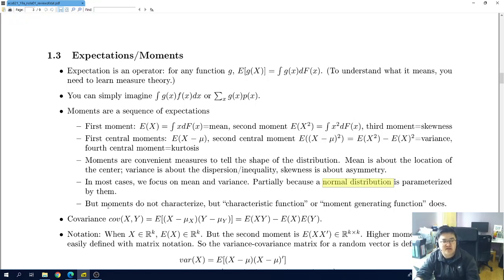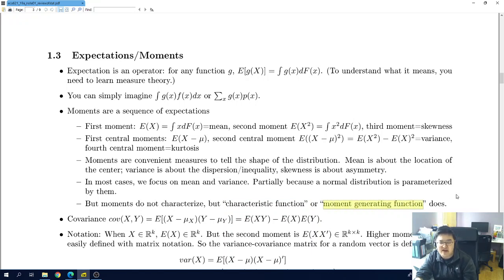However, as I said, it does not characterize the distribution, the random variable. The distribution is characterized by the CDF, or if you want to characterize the random variable using moments, there is a different form called characteristic function or moment generating function.